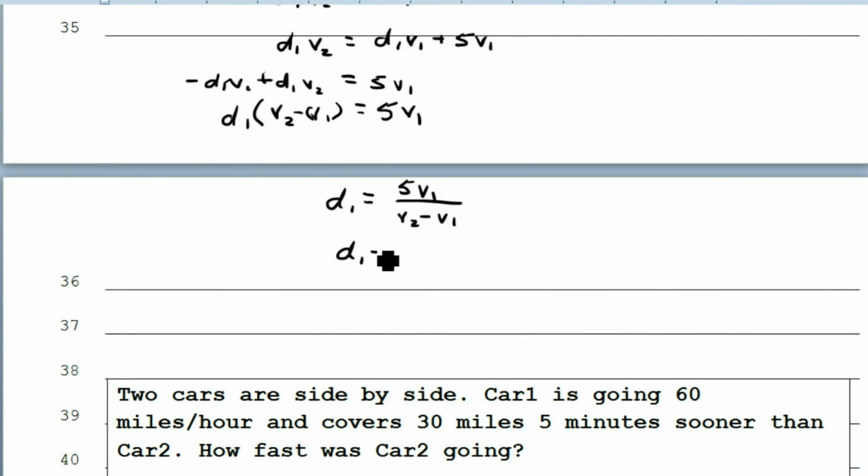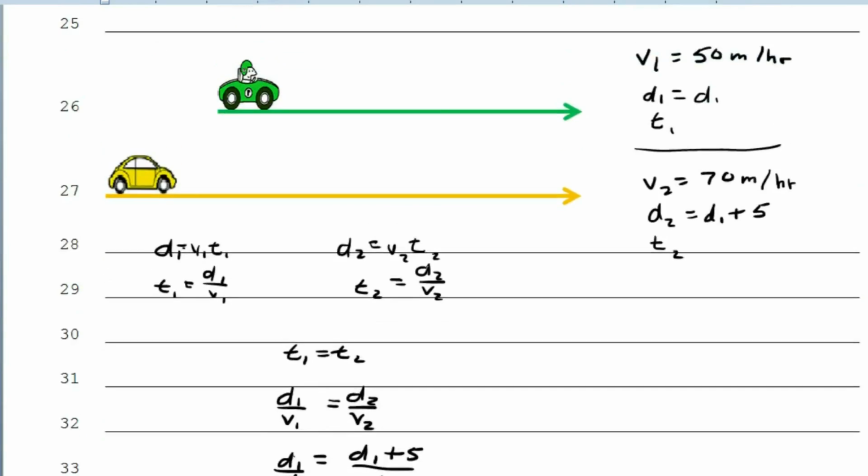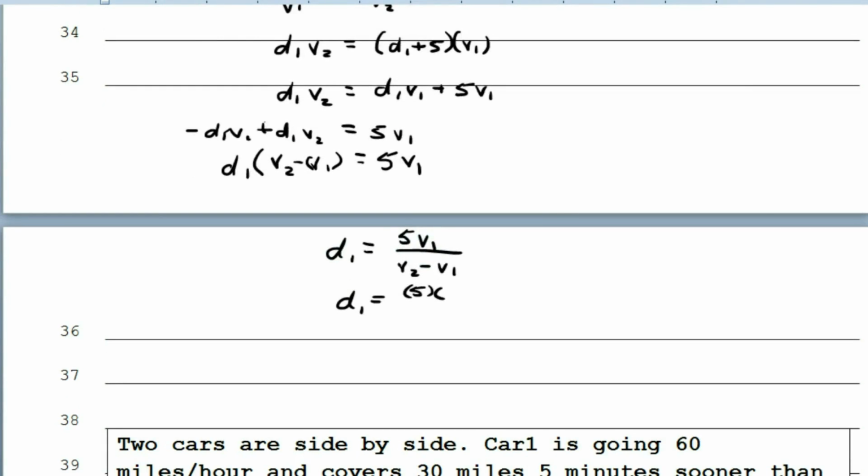And D1 equals 5 times 50 divided by 70 minus 50. So D1 equals 250 divided by 20.